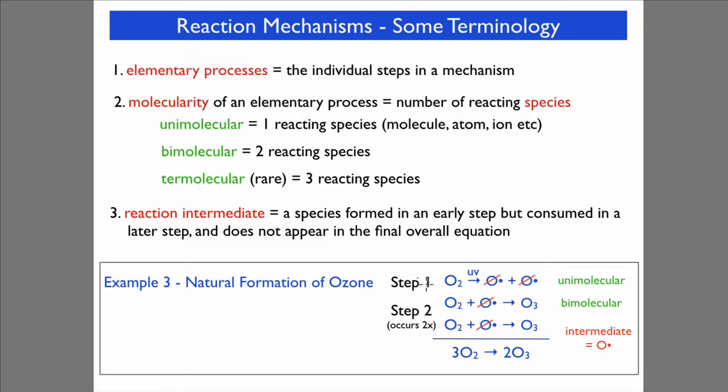And you can see the starting product, oxygen, and the finishing product, ozone. The intermediate, this free radical, is neither a reactant nor a product, so therefore it is an intermediate. It doesn't exist at the beginning and it doesn't exist at the end.